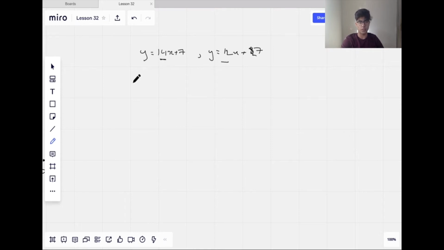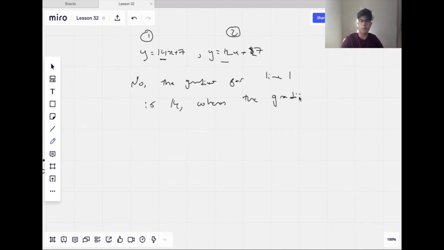The gradient for line 1 is 14, whereas the gradient for line 2 is 12, and 12 does not equal 14, therefore not parallel. So that's just a quick thing to do.